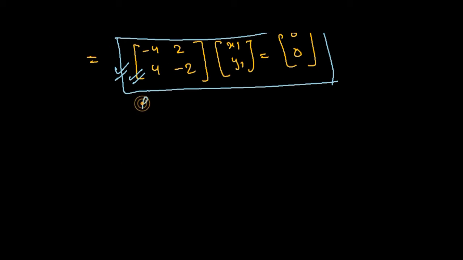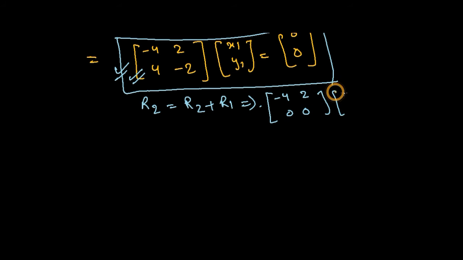So I'll do R2 equals R2 plus R1, and this will give me minus 4, 2, 0, 0, and all the other things will be the same.